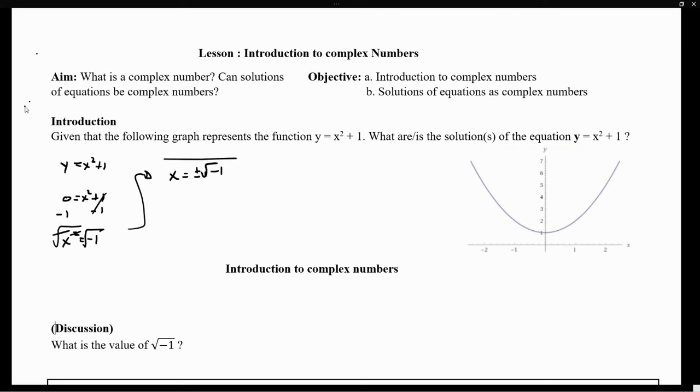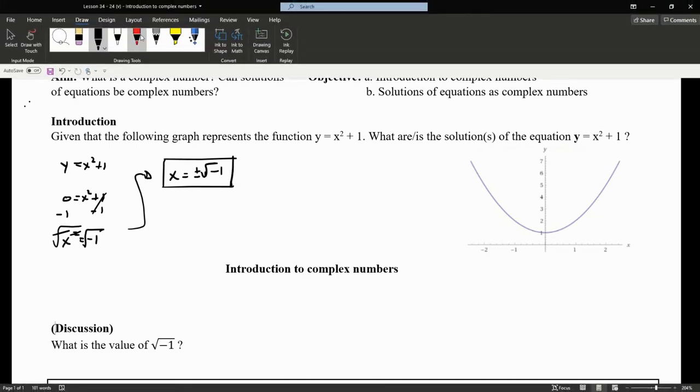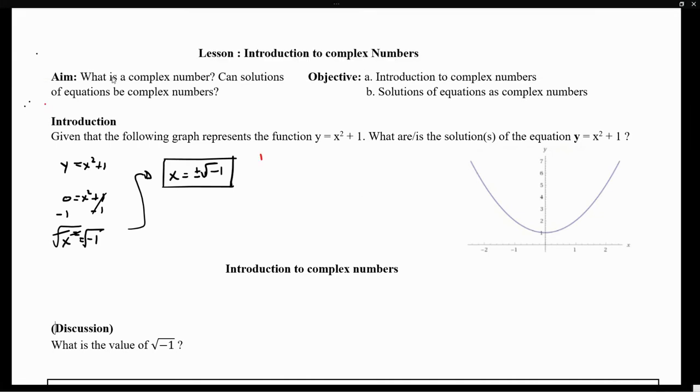So algebraically speaking, we have this statement. But notice that there is a problem here, because we're taking the square root of negative 1, and there is no real number that will satisfy this condition.